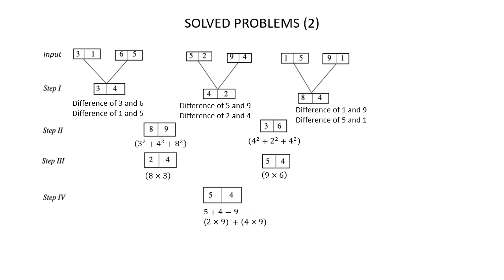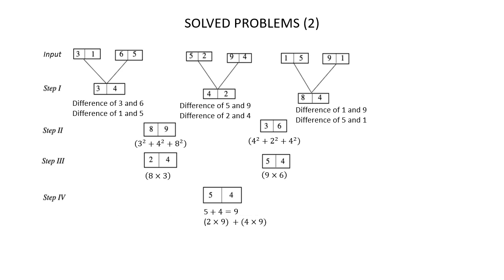Now when you observe step 3 and step 4, you will see that the two digits of the second number of step 3 are added to get a number, and that number is multiplied first with the first digit of the first number of step 3, and then this number is multiplied with the second digit of the first number of step 3, and those two numbers are added to get the number in step 4.